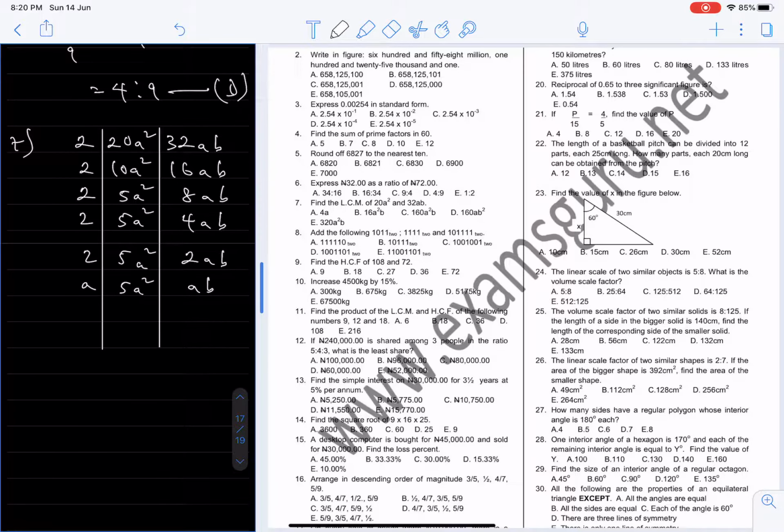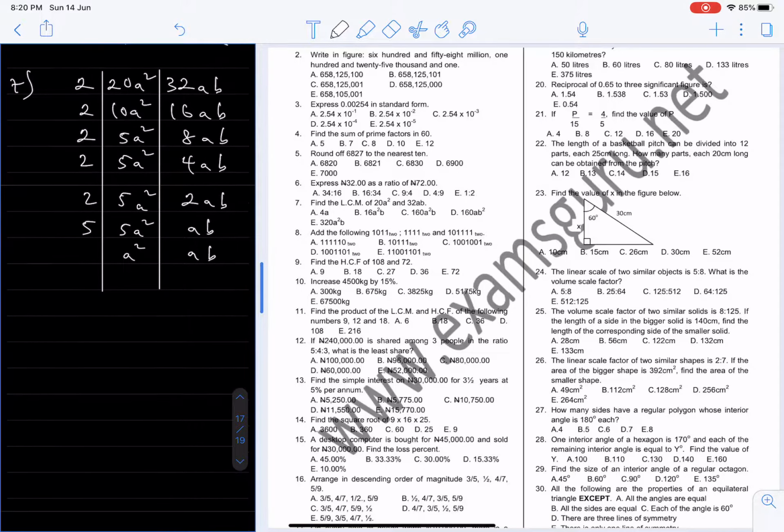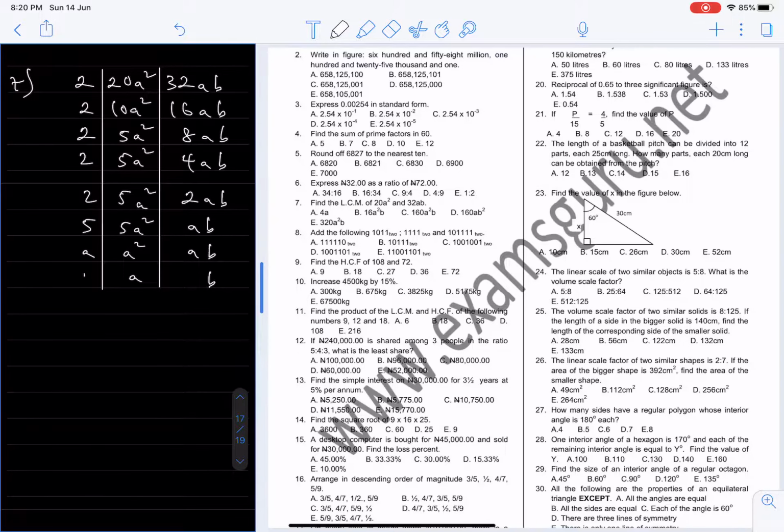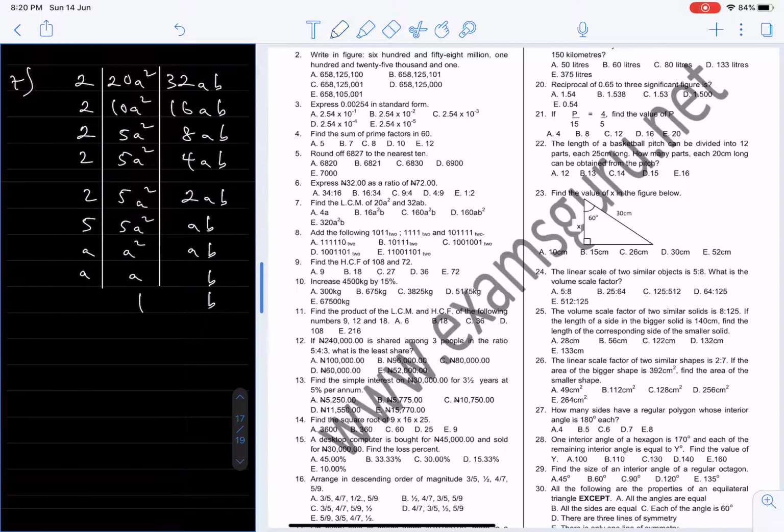Now here we have 5a. We use the numbers before we begin with the letters. 5, we have a squared, ab, and now a in a squared, a in ab, is b. Now a, 1, b, to extend the line, and now b, 1, 1.